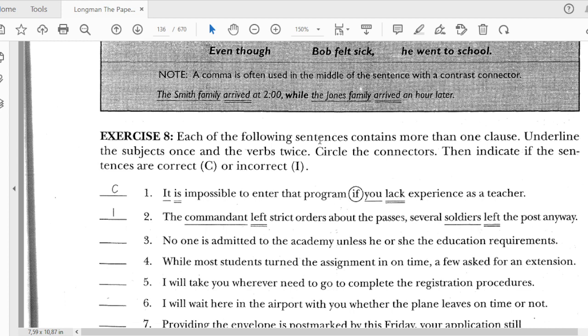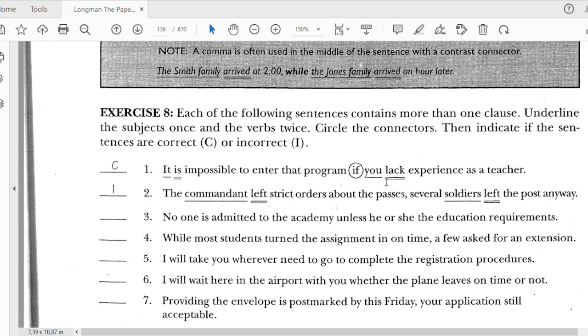Each of the following sentences contains more than one clause. Underline the subject and circle the connector.